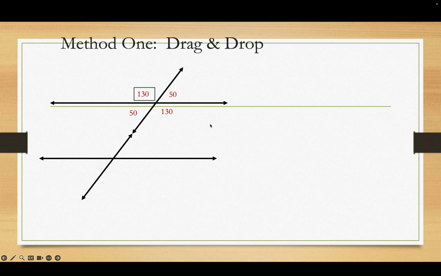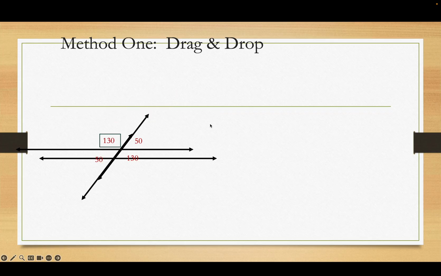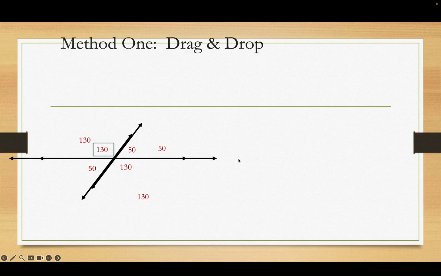I can do drag and drop, which means I take the top set of angles, drag it, and drop it on top of the bottom set, and likewise, the 30s and the 30s and the 50s fall into place. 30, 50, 130, 50.